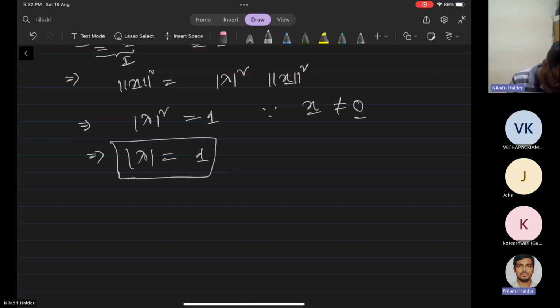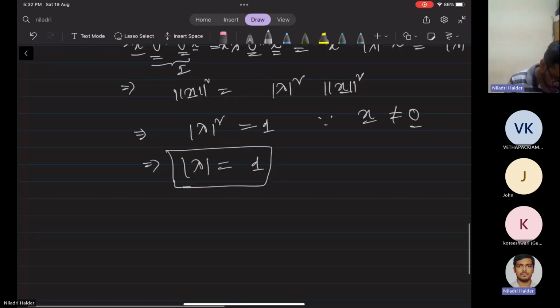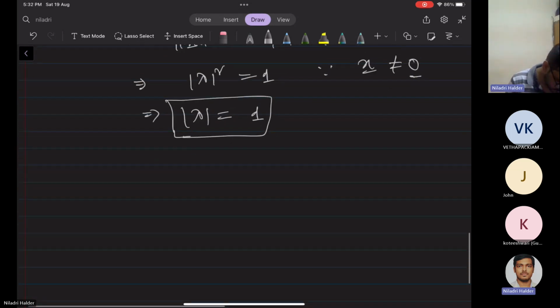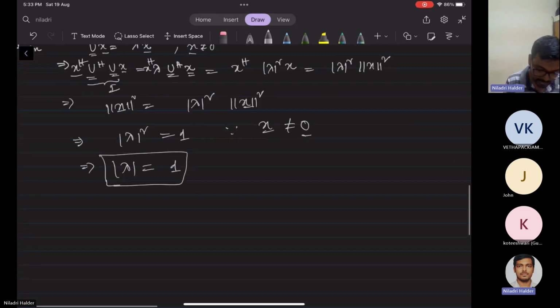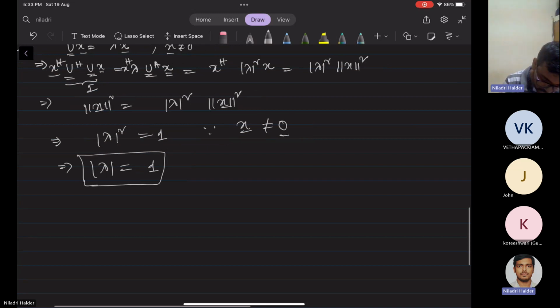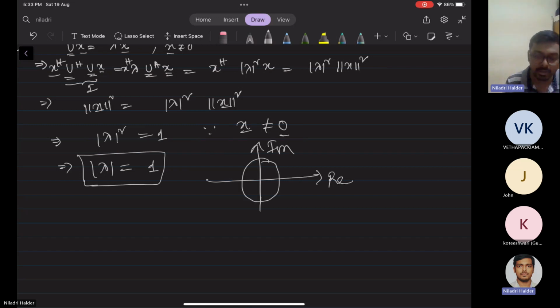So this is the proof. So that means if the matrix is unitary, then all the eigenvalues will lie on the unit circle. Suppose this is the complex plane, this is the real axis and this is the imaginary axis. So all the eigenvalues will be on this unit circle, whose radius is 1.